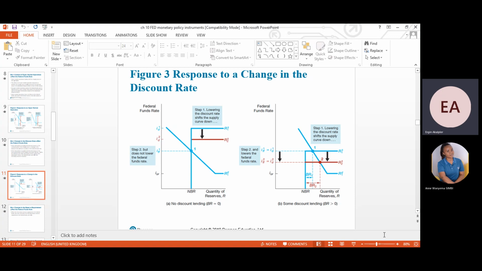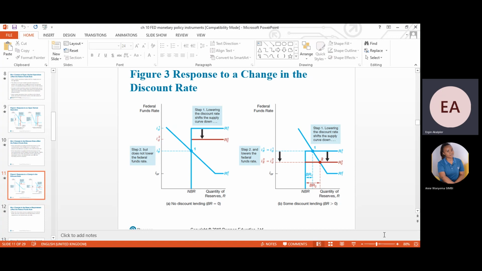It is only affecting the amount of money in the system, because lowering the discount rate reduces the banking interest, and banks will then demand more, because it becomes cheaper.